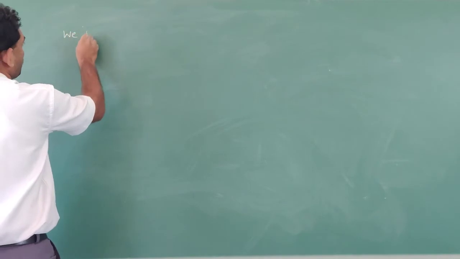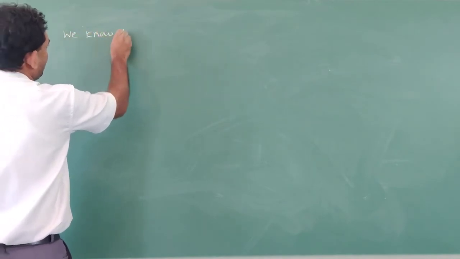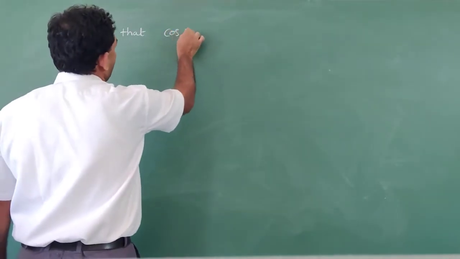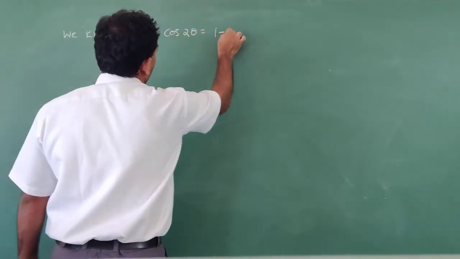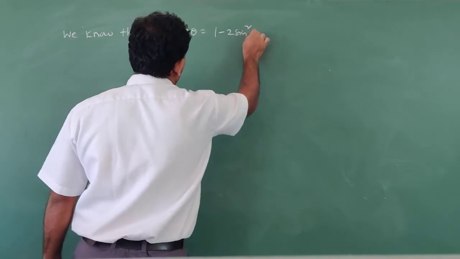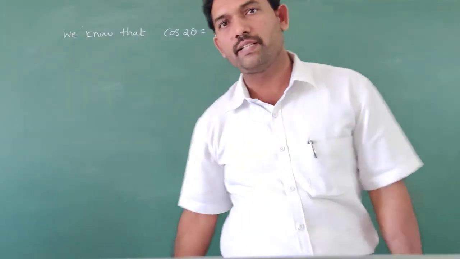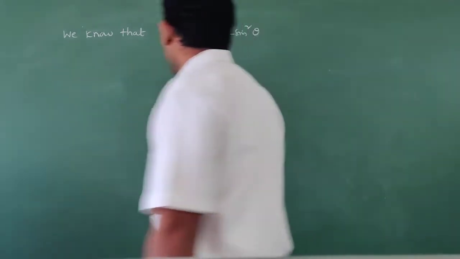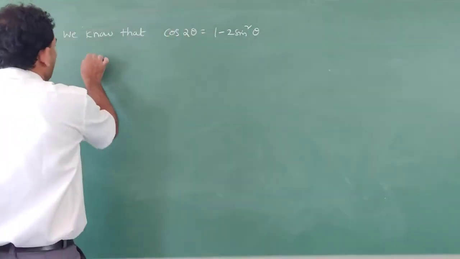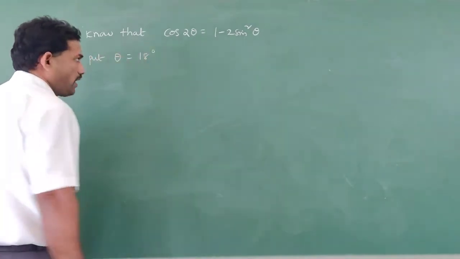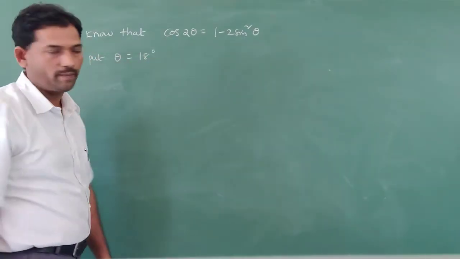So we know that cos 2 theta is equal to 1 minus 2 sine square theta, right? So put theta equal to 18 degrees. Then what happens in the above formula?